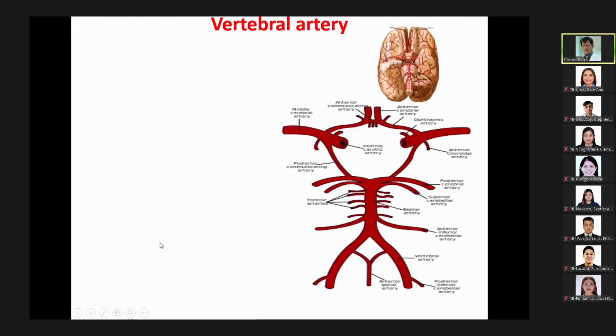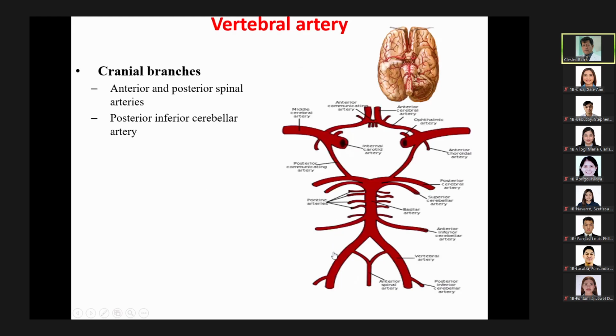Now let's go to the vertebral artery. From the cranial portion of the vertebral artery, meaning before they unite to form the basilar, each vertebral artery will give off your spinal arteries, the anterior and the posterior spinal artery.